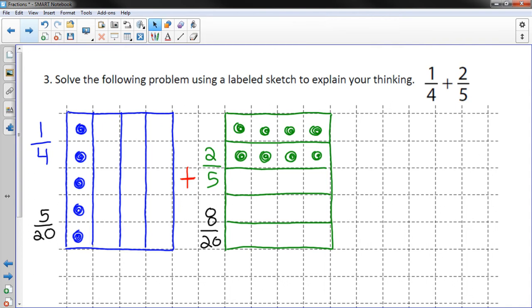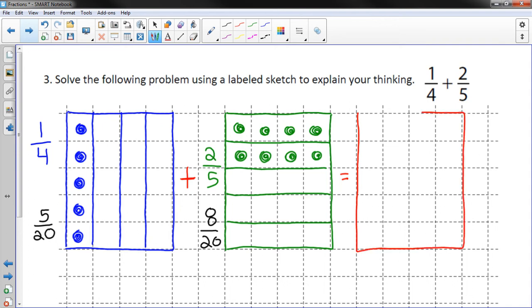Okay, I'm going to make my answer rectangle. I hope I have enough room. Has to be the same size as the other two. And now it's just a matter of putting both of those all in to the answer rectangle.